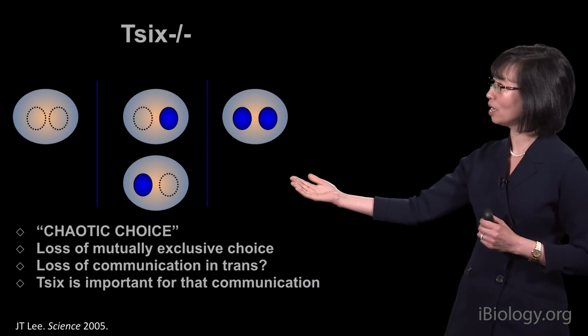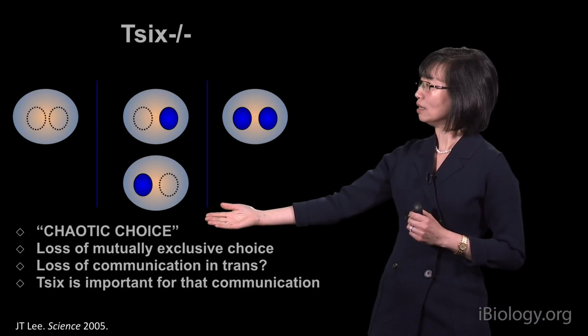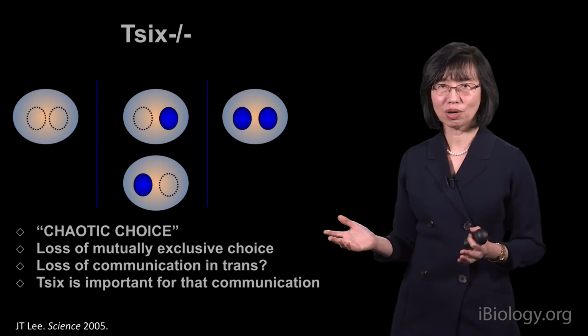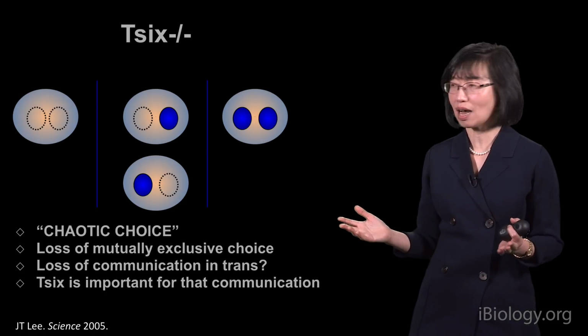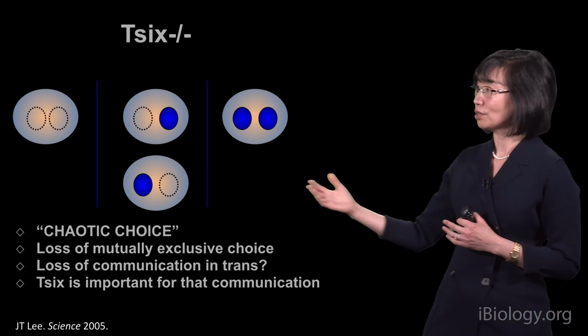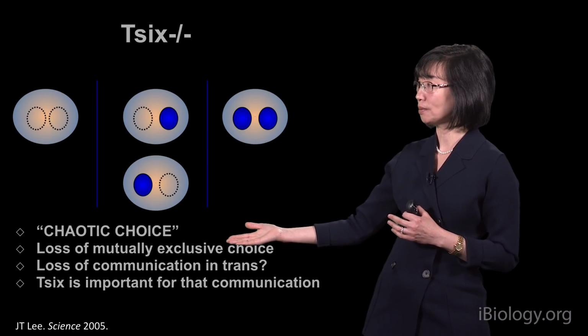So it appeared to us that the cells are undergoing some kind of chaotic choice, or maybe there's no choosing at all. You see all combinations as a result of losing this antisense repressor. So there's a loss of mutually exclusive choice.